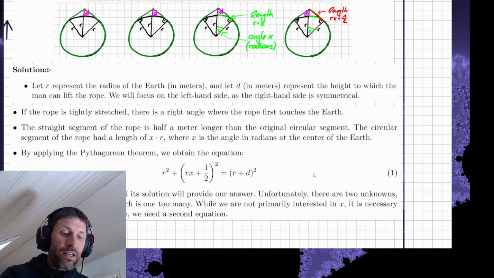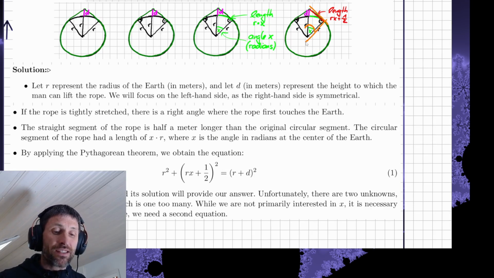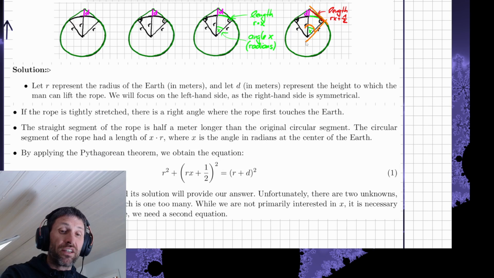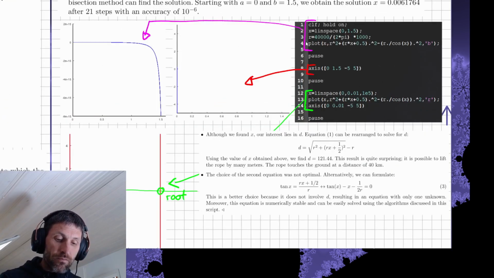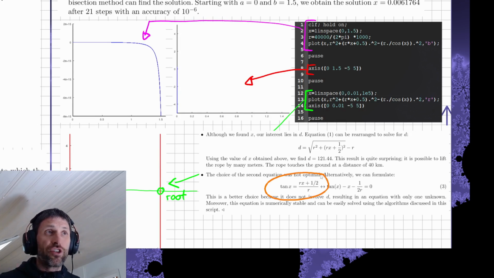It comes from tangent of x is that length divided by that length, rx plus a half divided by r. And what is the advantage here? We don't have a d, there's only an x. So this is also a good choice.